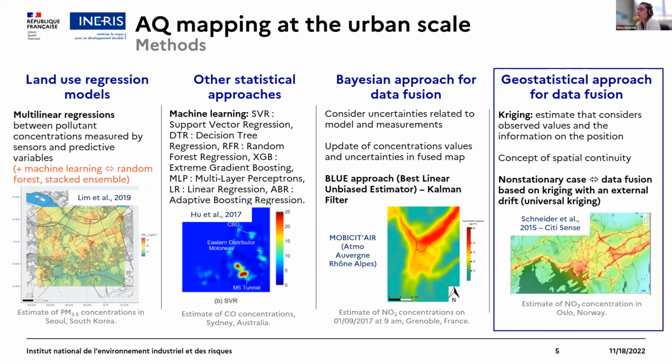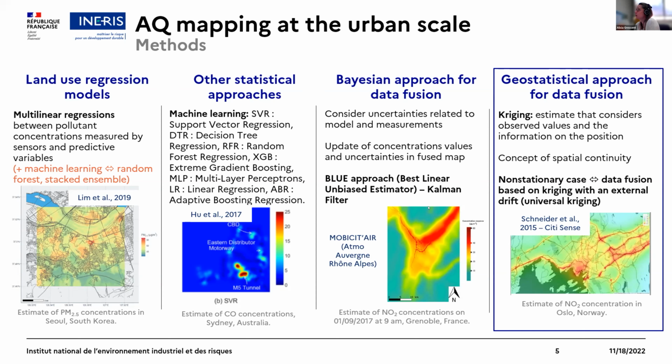Here is an example for PM2.5 concentration, so fine particulate matter concentrations, in Seoul, in South Korea. Other statistical approaches like machine learning or deep learning are also used. Here is an example for carbon monoxide concentrations in Sydney, Australia.